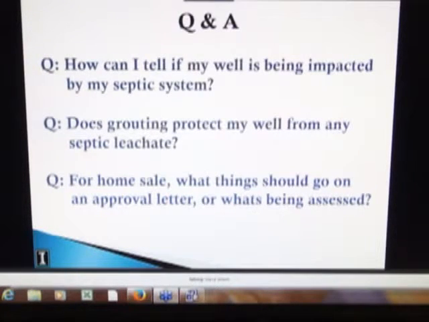So the best way to tell if there's any kind of impact is by sampling and looking for those 2 things. Those are the easiest things to find in well water if there's a connection.